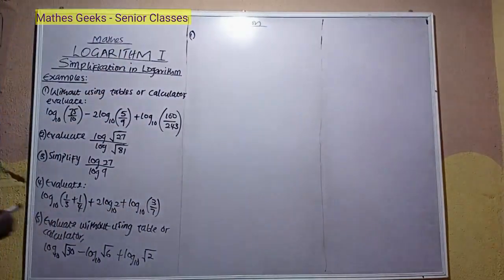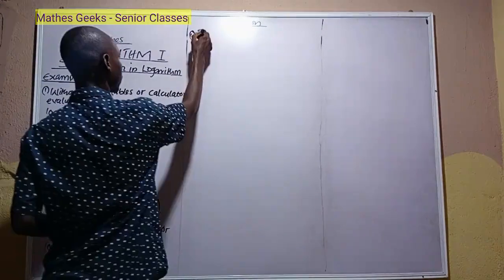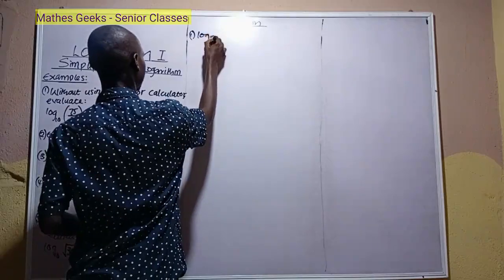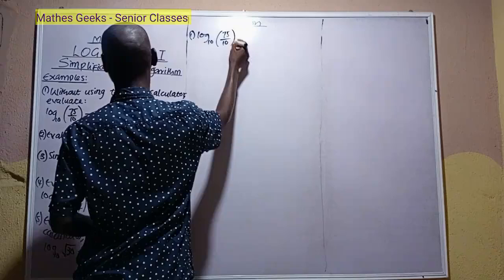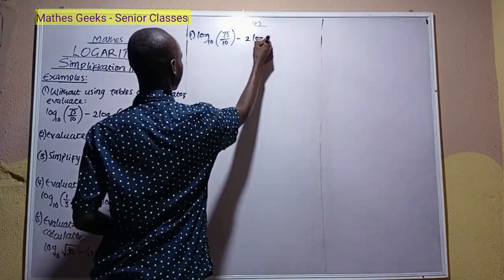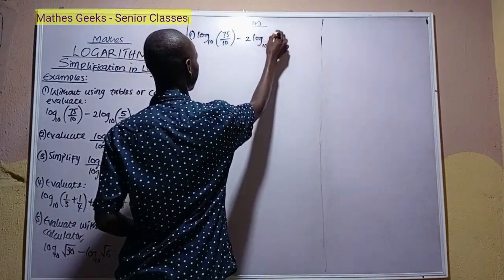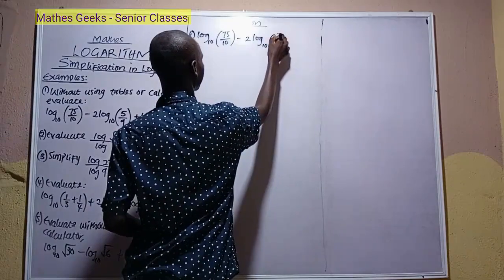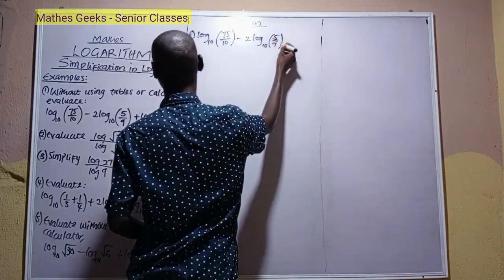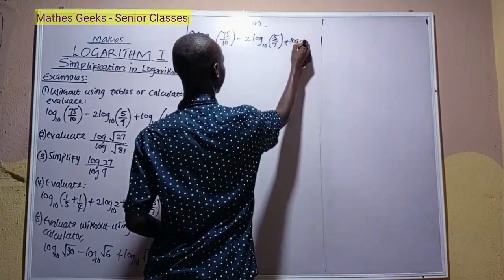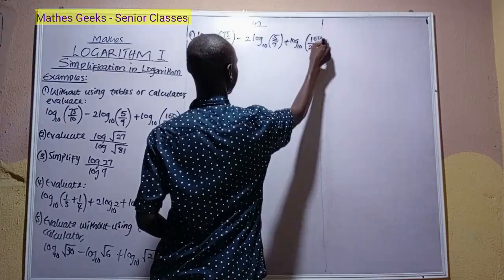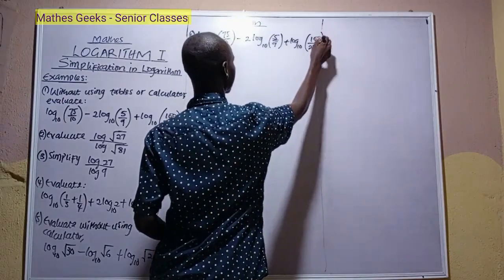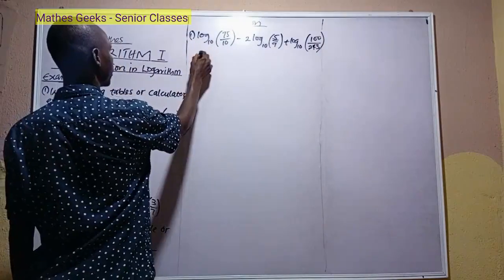Number 1. Without using tables or calculator, evaluate log 75 over 10 minus 2 log 5 over 9 plus log 100 over 242. So let's rearrange.